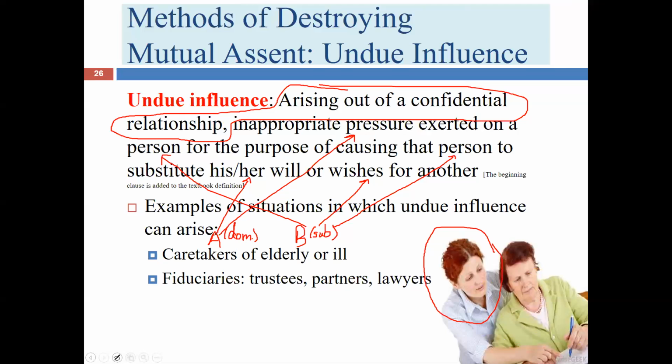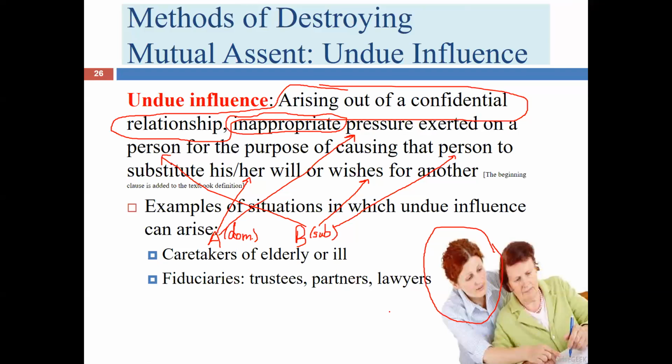And of course, part of it is inappropriate pressure. Let's say that the elderly woman had her children very involved in her life, and this caregiver dealt also with the children and talked with the children: this is what I'd like your mother to sign. These are the reasons why I think it's in her interest.